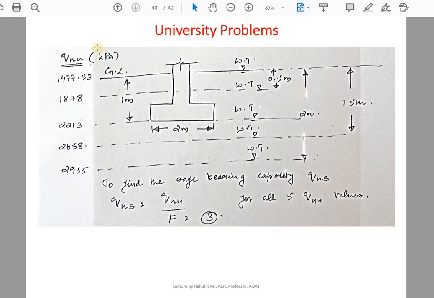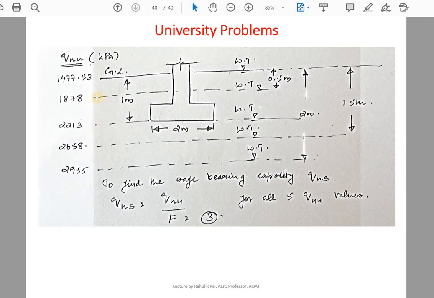So in all these cases you can see here, when the water table is not in the picture, or when the water table is not anywhere near the foundation, you have a higher bearing capacity. And once the water table is moving up, slowly it is moving, it is slightly below the foundation like 0.5 meter from the base of the footing. Now it is at the base of the footing. Again, slight reduction is there.